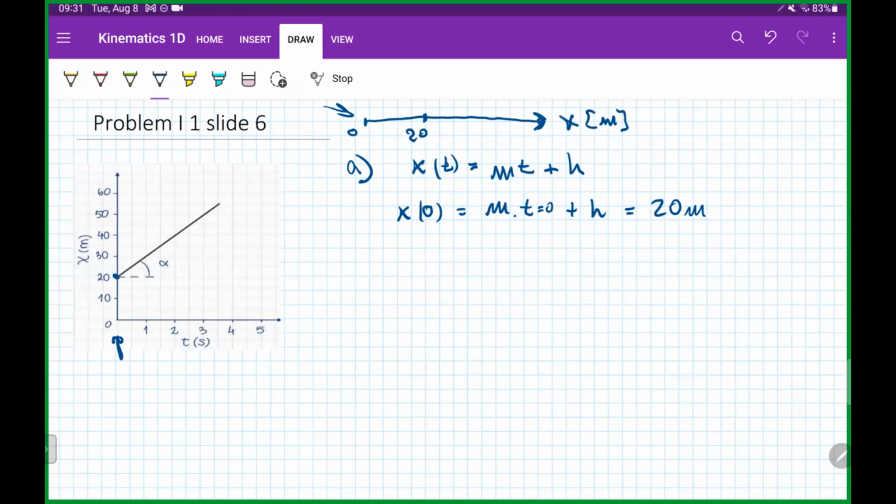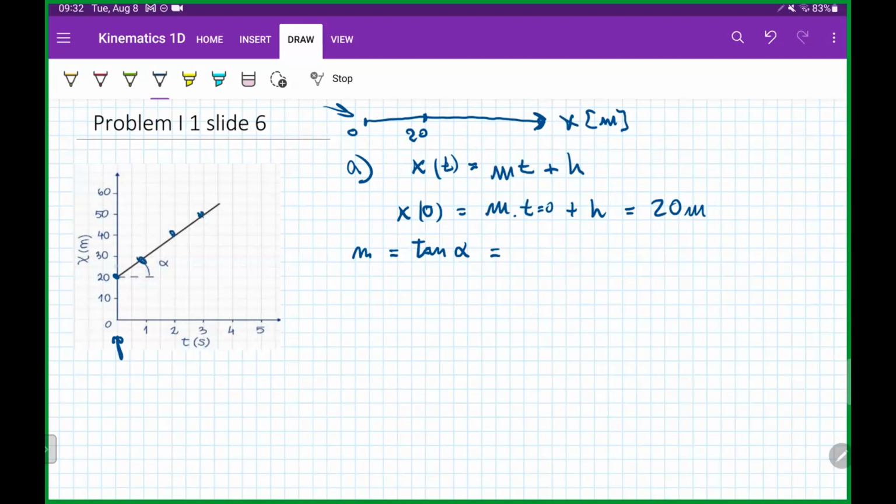Okay, and let's see. We need to calculate m in order to specify that function. And in order to do that, we can do m equal the tangent of alpha that we have there. For that, we can take any two points that we want to compare, any point to compare that specific triangle.